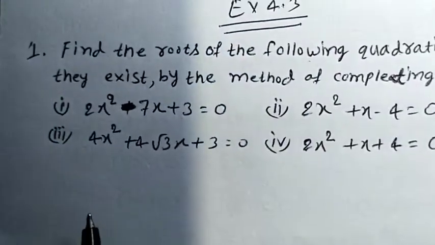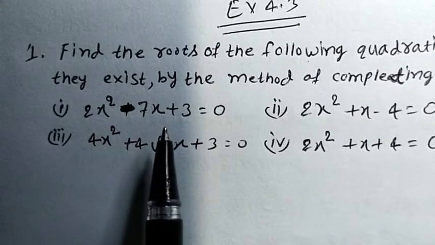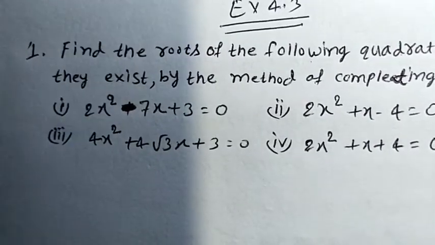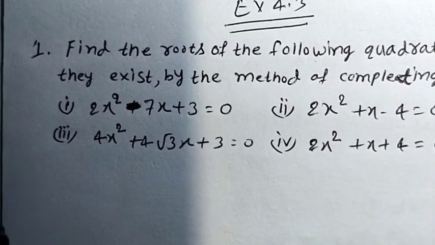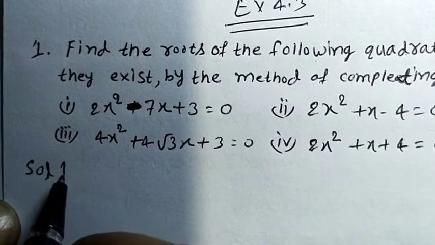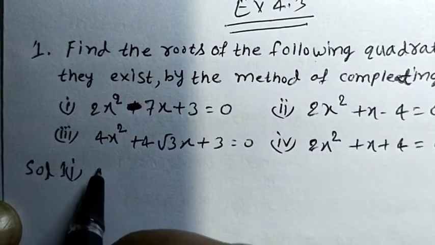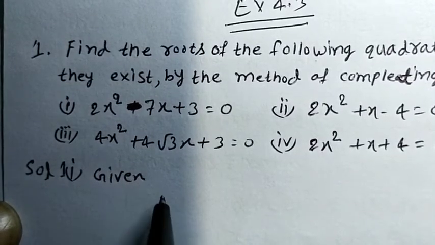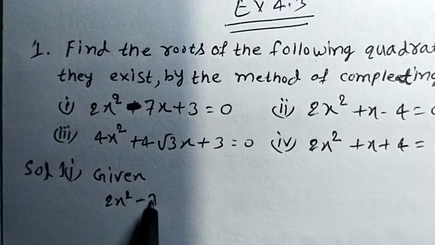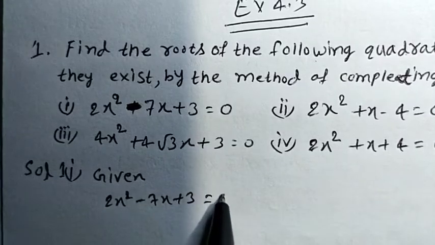The first question, 2x square minus 7x plus 3 is equal to 0. Now see. Solution: given 2x square minus 7x plus 3 is equal to 0.